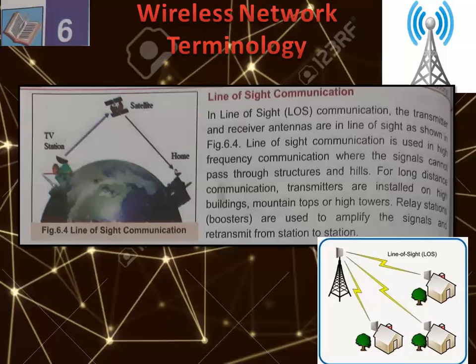So in line of sight, you have a direct way of communication. The transmitter and receiver antennas are in line of sight.